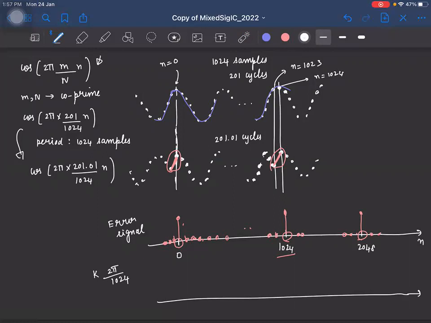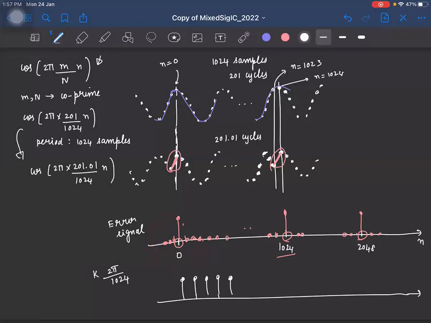Since the time domain signal is an impulse train, even in the frequency domain, all these frequency points will have the same strength. So we have an impulse train in the time domain, and we get an impulse train in the frequency domain also.